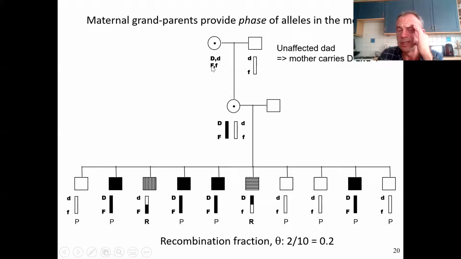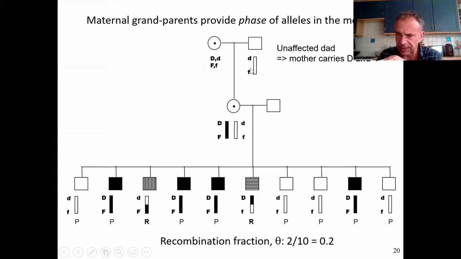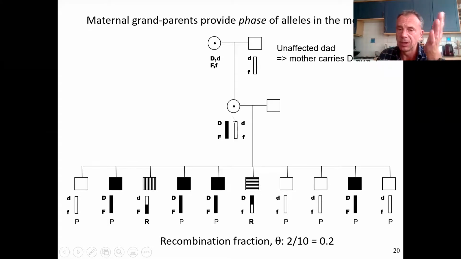We know that the maternal grandmother must have been a carrier for both things, heterozygous at both. And we know that this mother here must have inherited the two abnormal alleles from her mother, because her father didn't have any of them. So now we know that in the mother, the two variants are in phase. They're both on the same X chromosome that she's inherited from her mother.